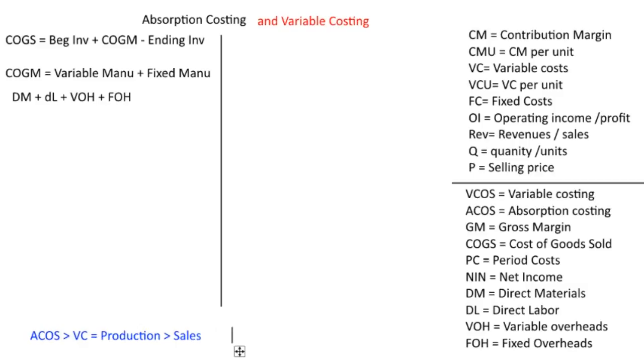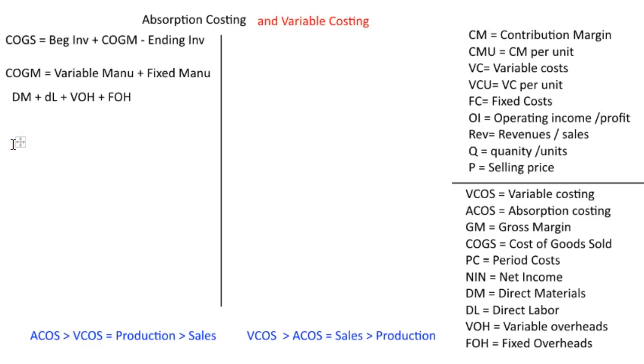And variable costing is greater than absorption costing when sales are greater than production, right? Good. So now that we have that understood, let's go back.